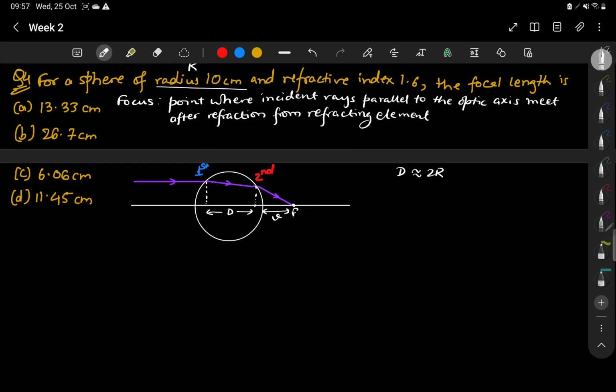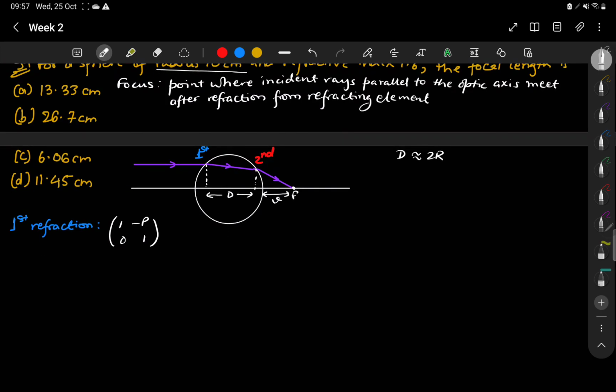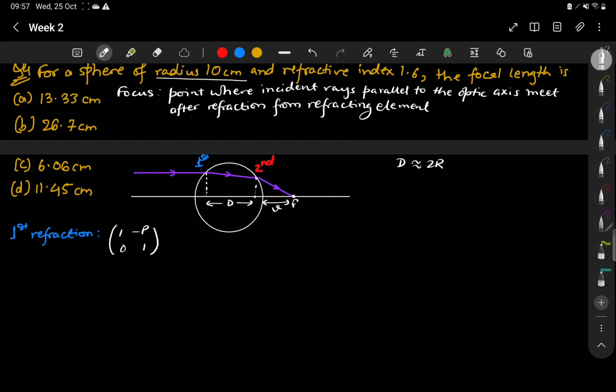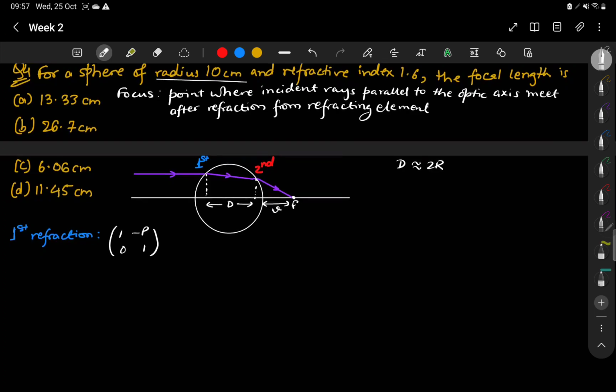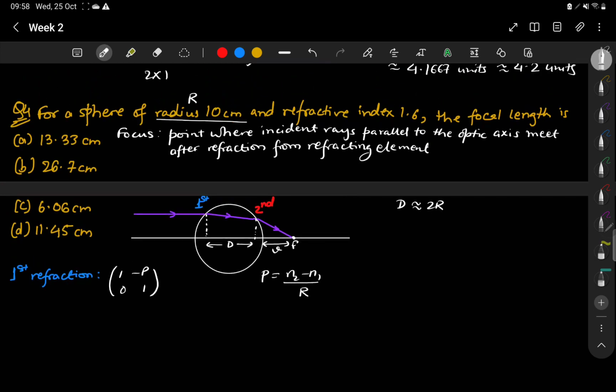So let us write down the matrix for the first refraction. As we saw in the first question, the matrix is given as follows, where P is, and N2 we are given.